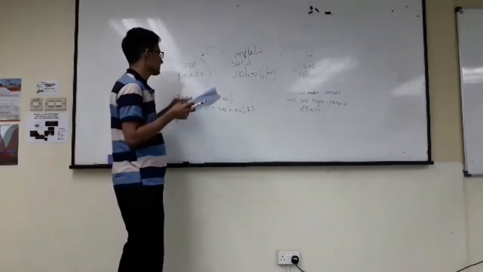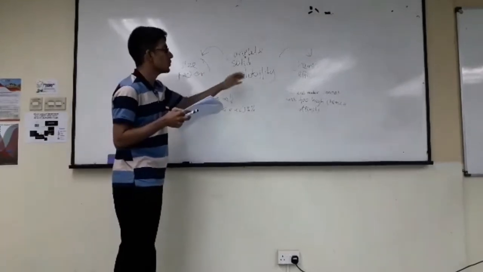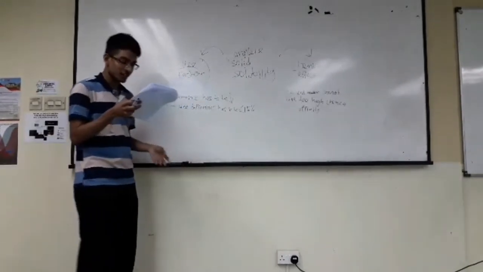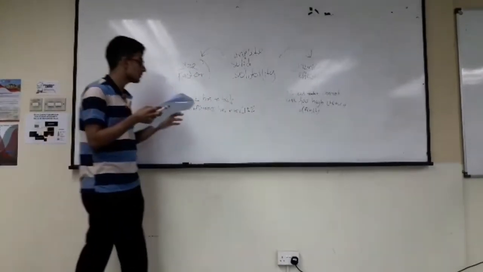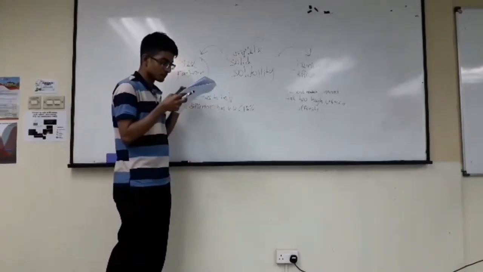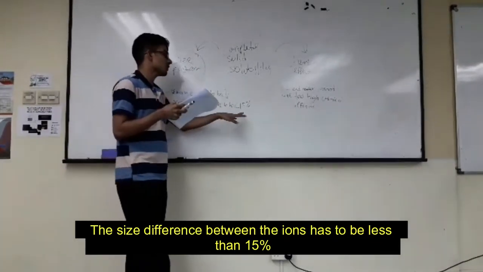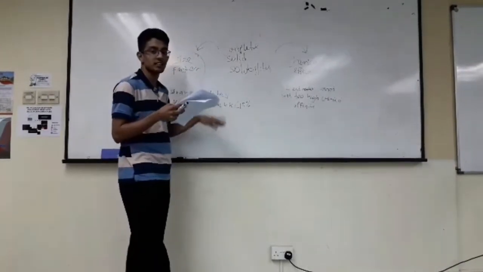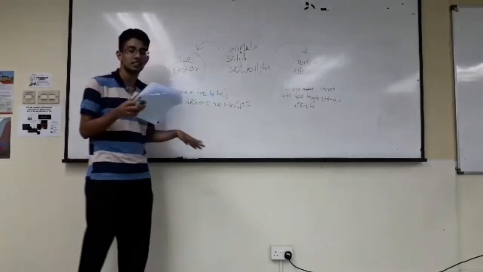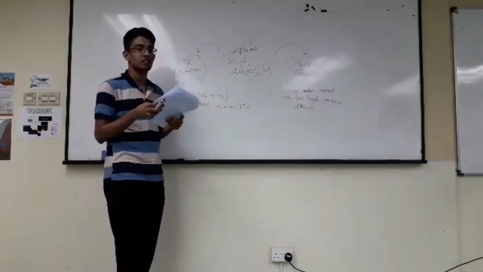So we must have less strain energy to achieve complete solid solubility. The size difference between the solvent and solid ions must be less than 50%.